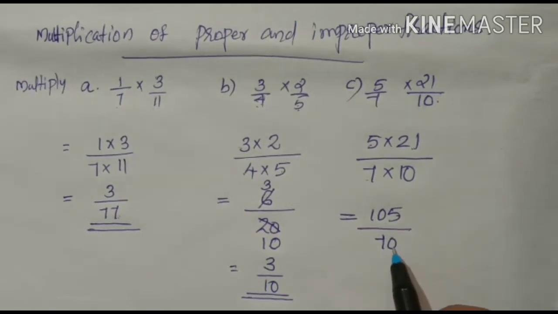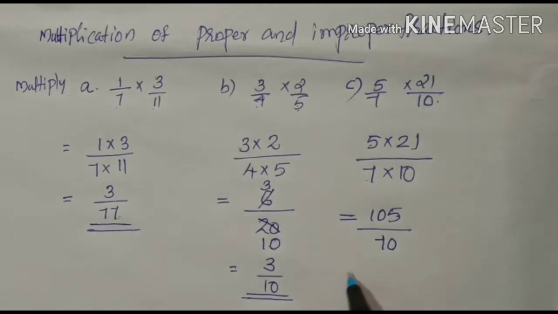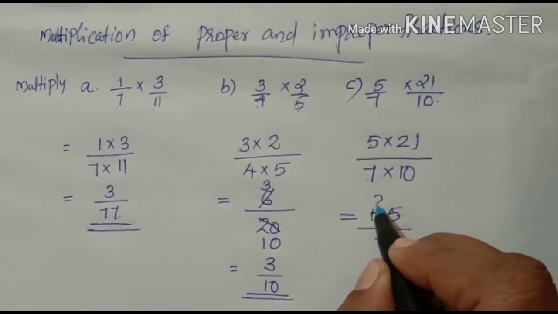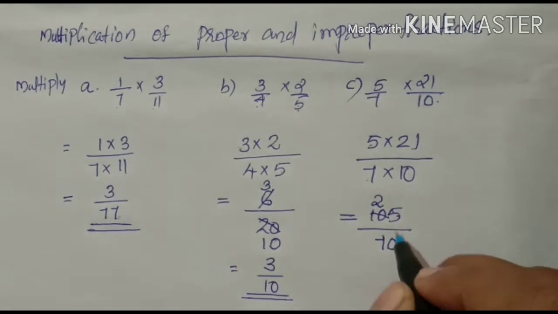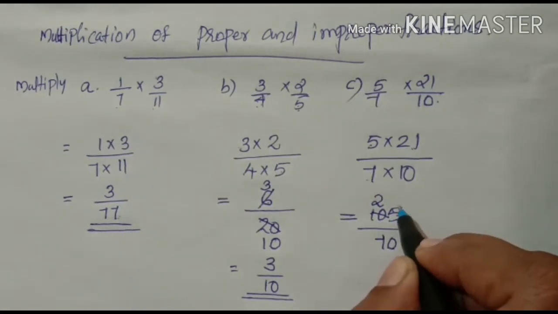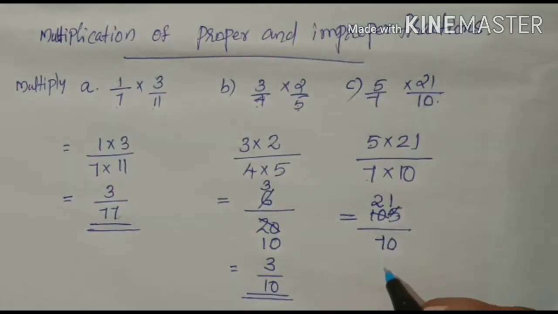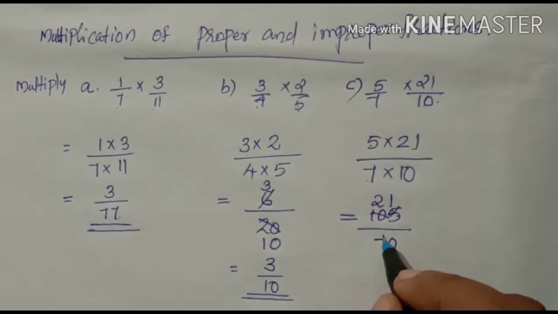So both are divisible by 5. We can divide both sides by 5. In 105, how many times 5s are there? Then in 70, how many times 5s are there?